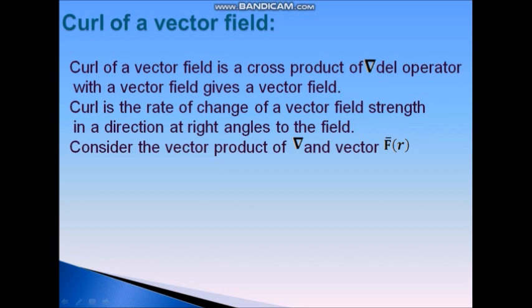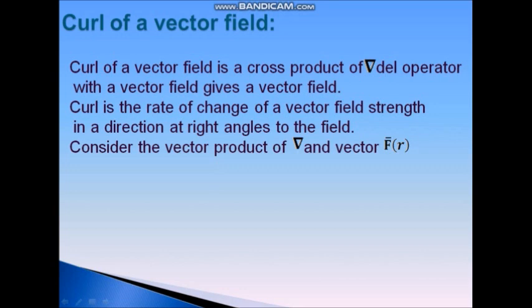Here, the curl is nothing but the cross product of the del operator. When the del operator is crossed with the function f of r, we get a vector field, whereas the del operator dotted with the vector field f of r gives a scalar field.